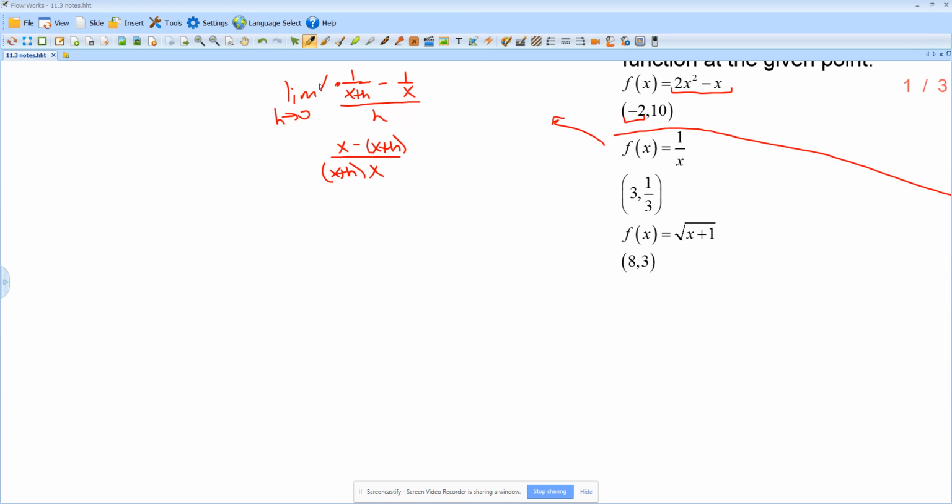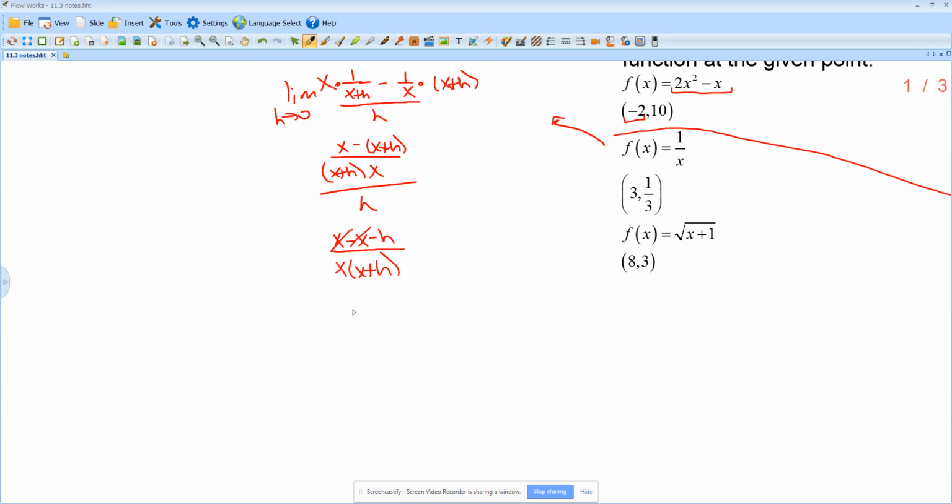So I multiplied by x over here, multiplied by x plus h over here, and then wrote it as one fraction. This is all over h. Distribute that negative, so it becomes x minus x minus h over x times (x plus h).